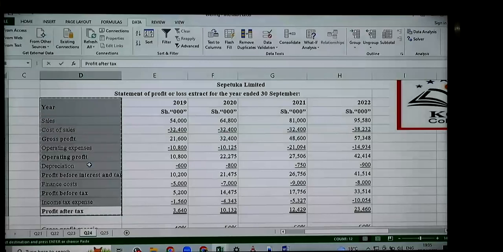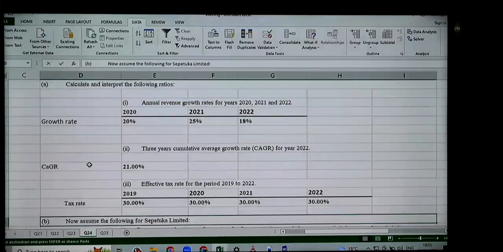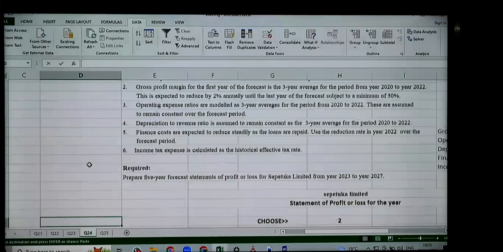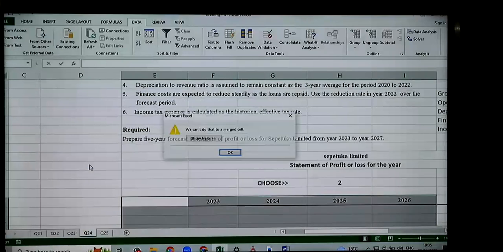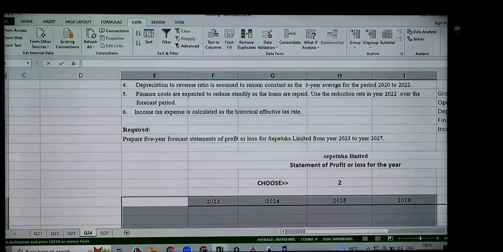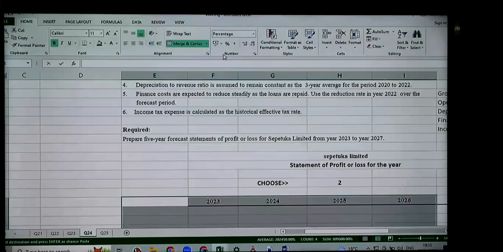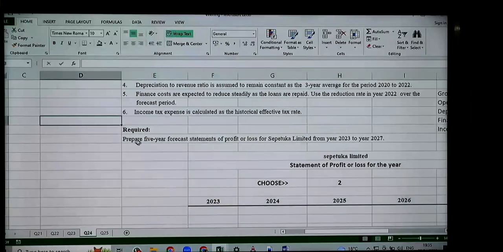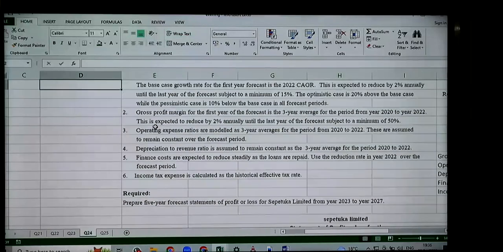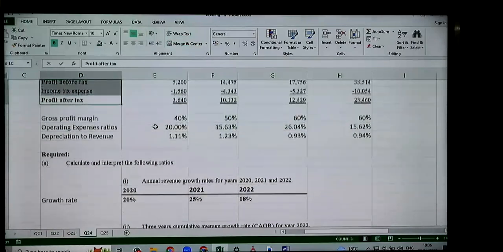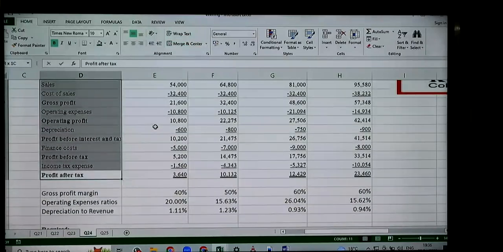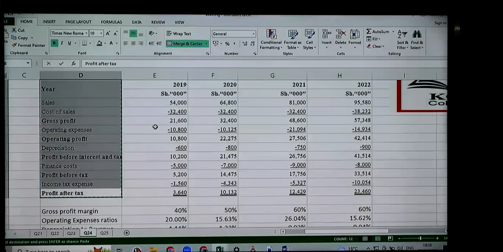Control C. Then I'll come here. Control V. Sorry, there are some merged cells. I'll go to home and do unmerge. Then I'll go back to copy again because the copy has already gone. So Shift, Control C.